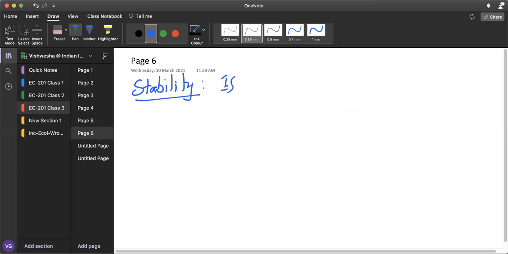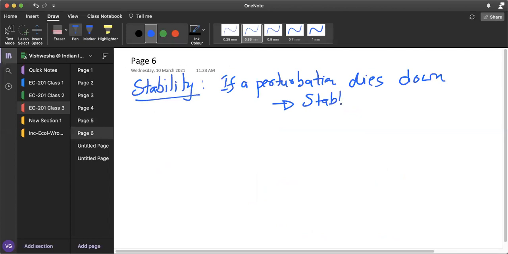Okay, so if a perturbation dies down, we call that a stable equilibrium.